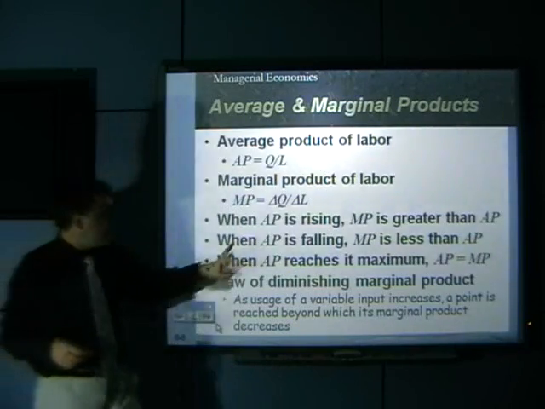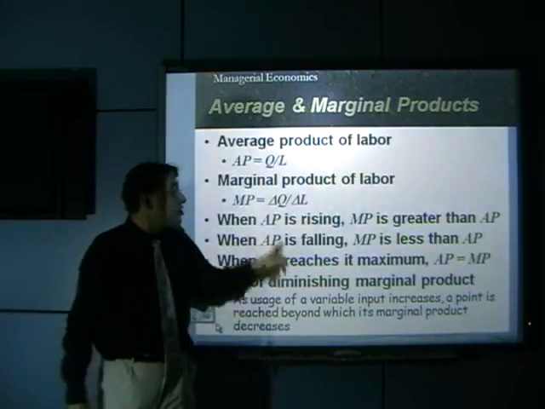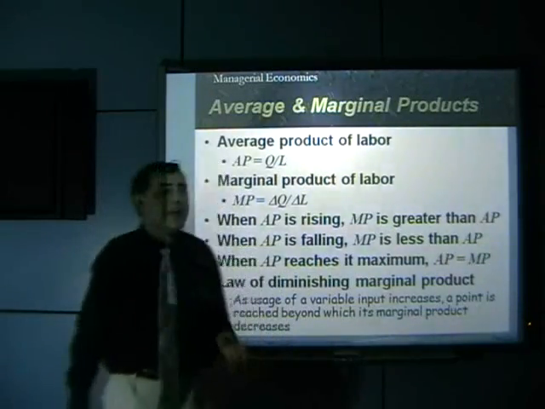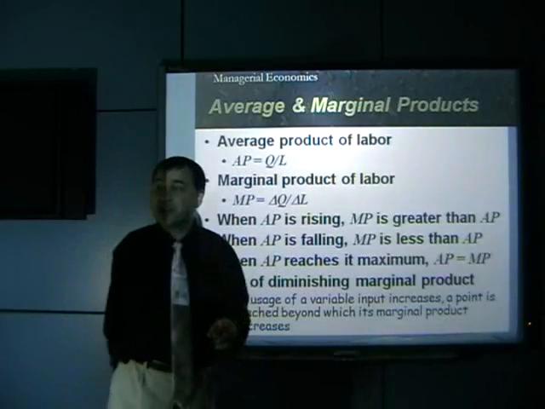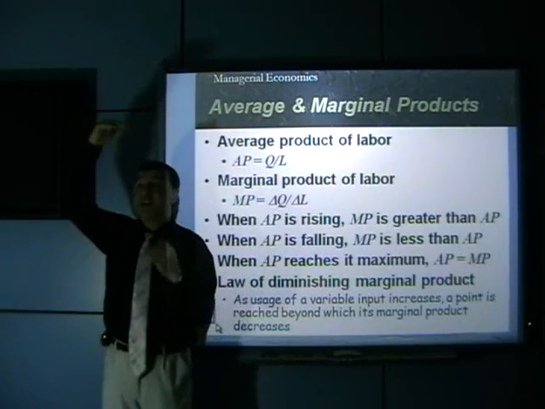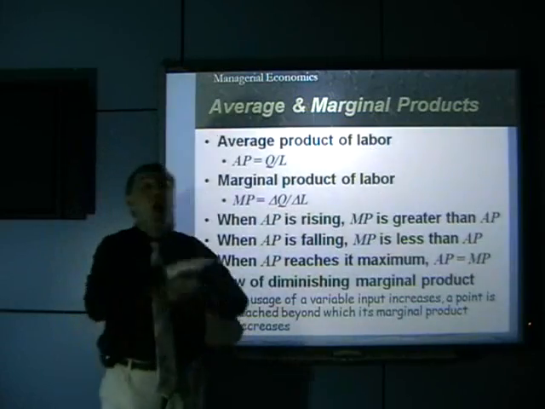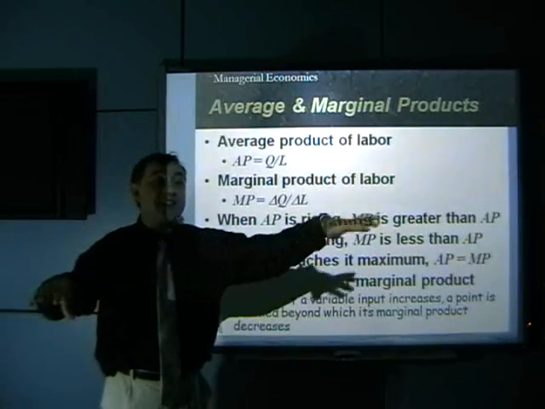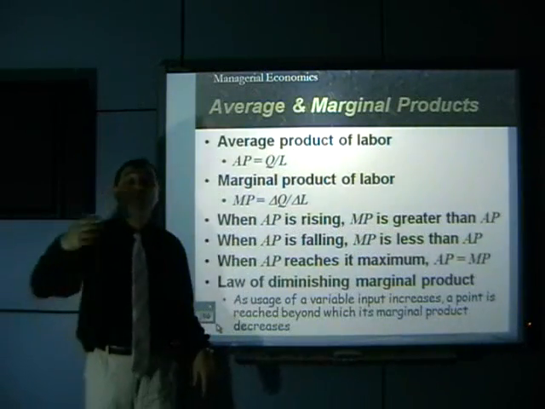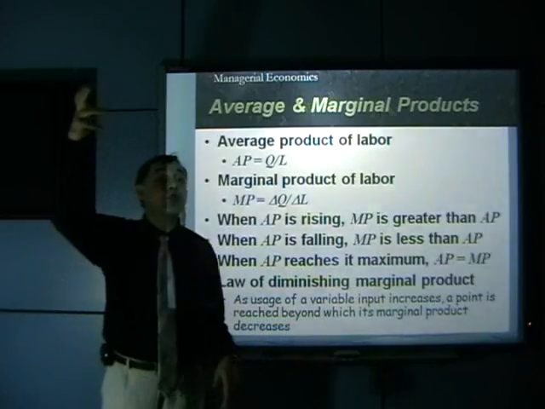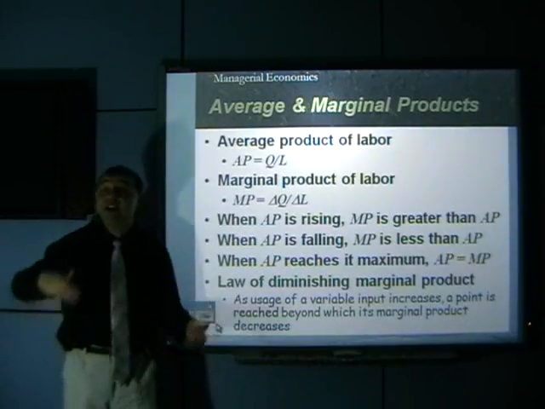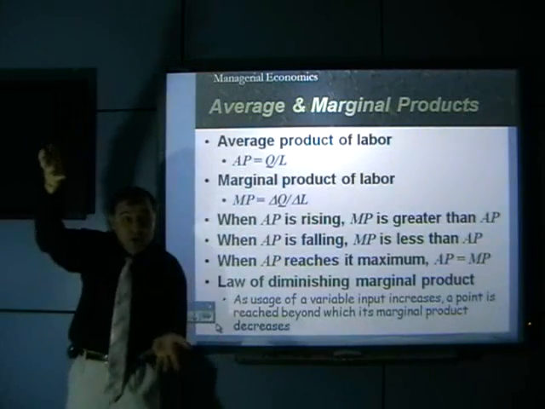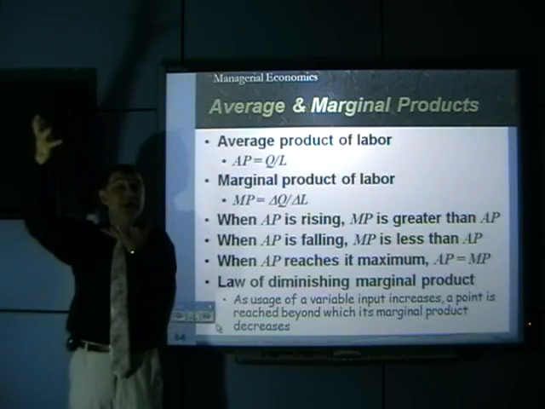Alright, so when the average product is rising, then the marginal product is greater than the average product. Now this is a basic relationship. When the marginal product is higher than the average, in other words, on average each kid is producing, let's say, 10 ice creams, and you add one extra kid and it's producing 20, then this one will raise the average maybe to 11 or maybe to 12.